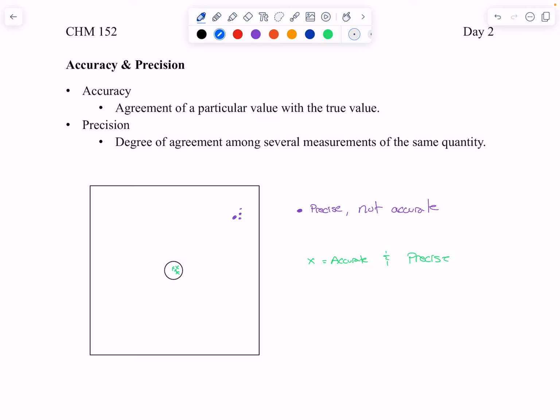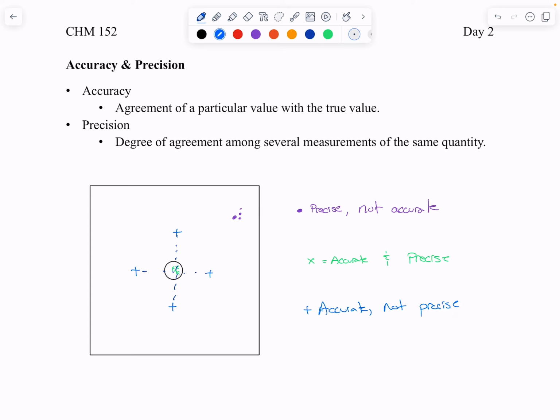And then, what if I had that? Those, the average, right? Because if you took the average here, the average is right in the bullseye. So these are accurate, but not precise.